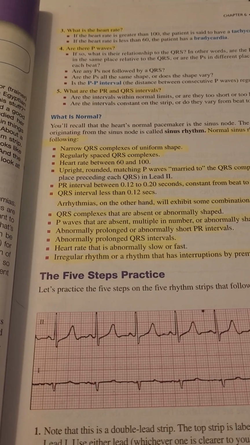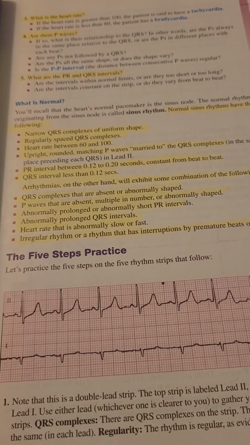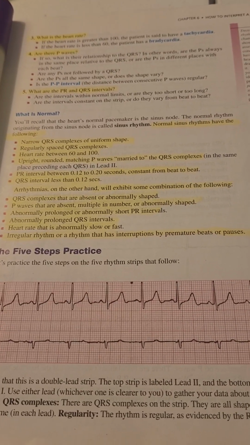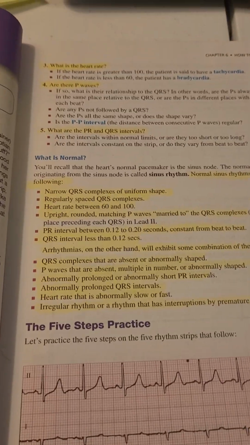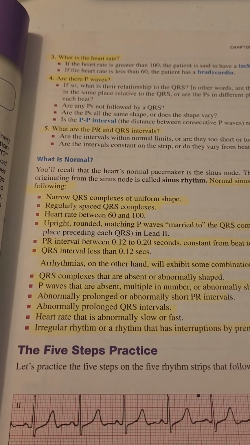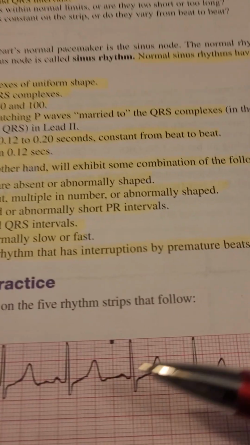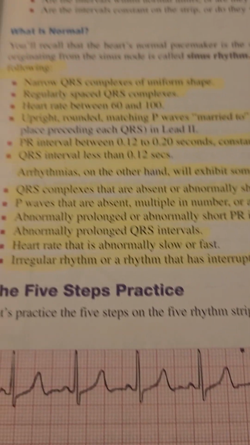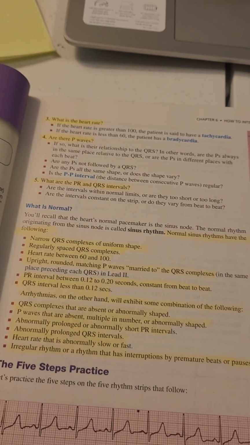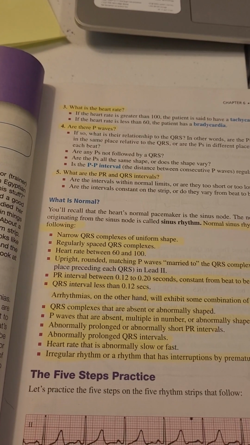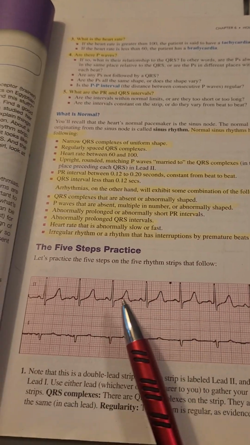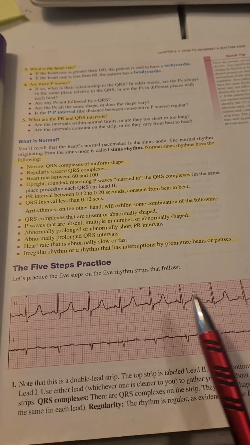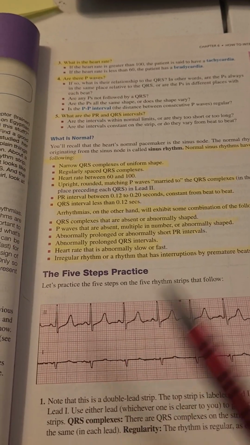We'll get into the names starting from chapter 7 to chapter 11. I think that's when we'll be seeing the names of the rhythms. Abnormally prolonged QRS intervals: if the QRS is too wide, then there's a problem. Heart rate that is abnormally slow or too fast: if it's less than 60 or more than 100, that's not normal, and they have names for that.